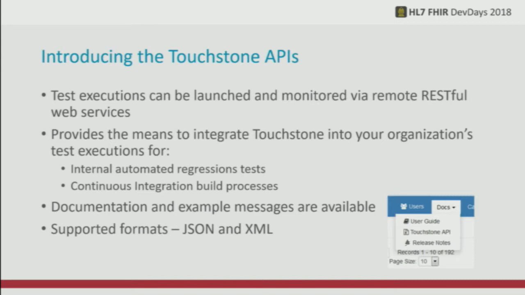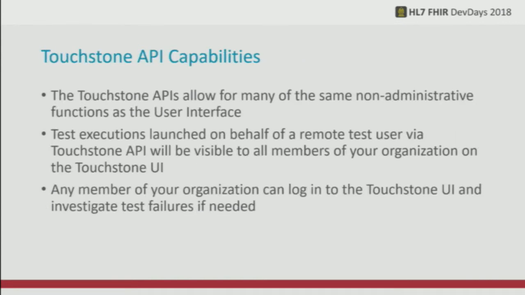We have documentation for looking up this information, but the idea is that it allows you to do the same non-administrative functions, the test execution, remotely through this RESTful API as you would do through the user interface. Anything you launch remotely, if you go into the UI, you'll see it running. The same interface will allow you to see what you've launched.